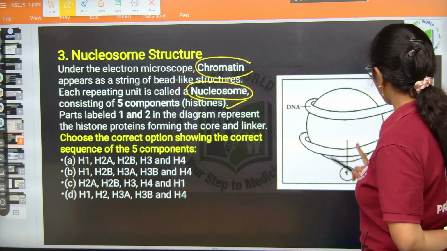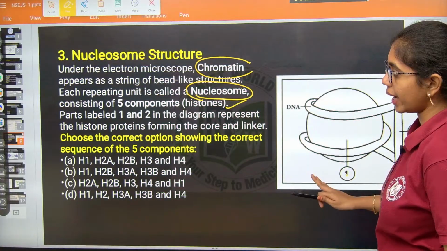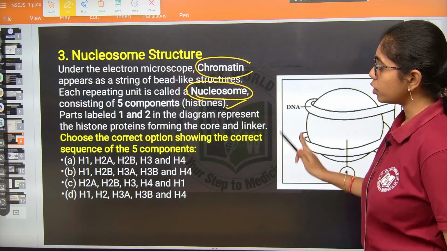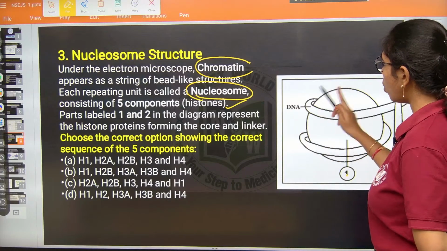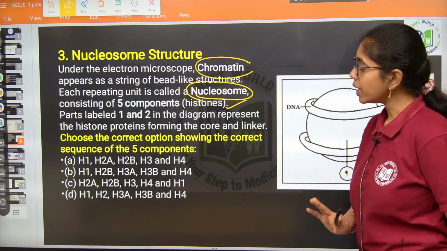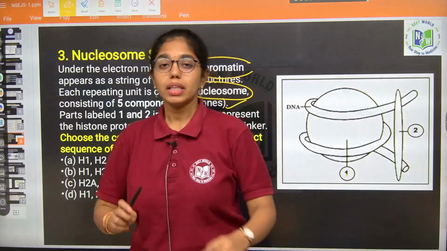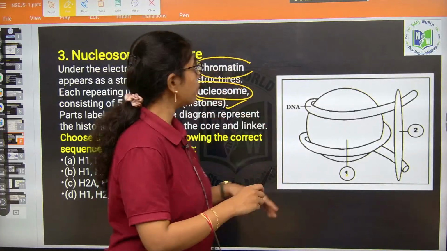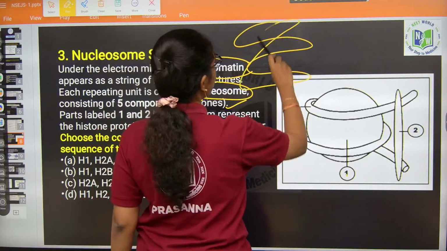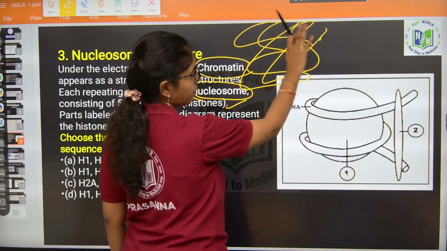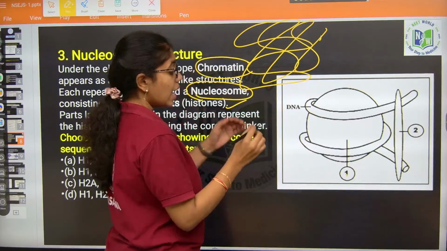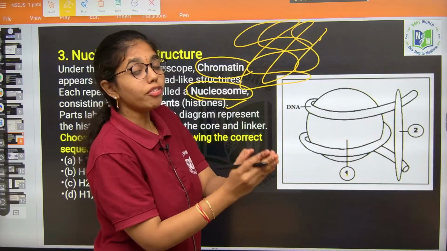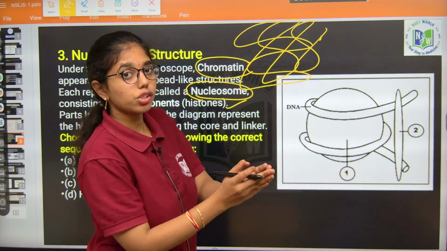Parts labeled 1 and 2 in the diagram will represent the histone proteins forming the core and the linker. So here if you see, the DNA, which is negatively charged, is the chromatin thread like structure. DNA is condensed with the help of positively charged histone proteins.